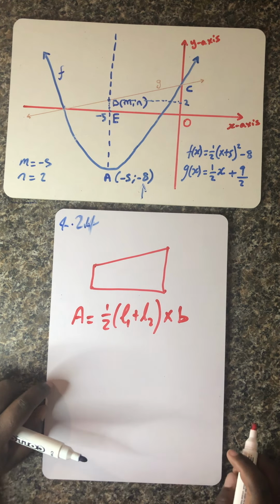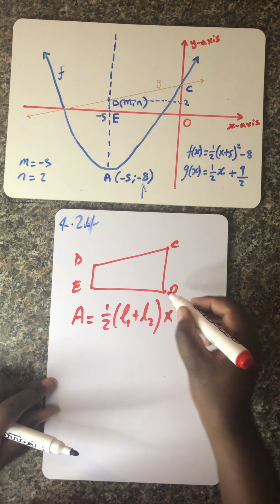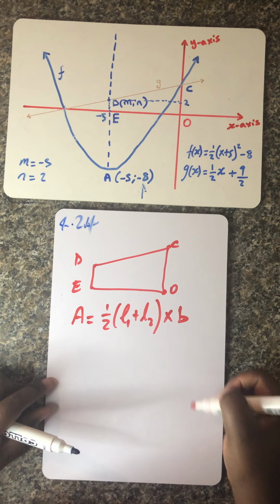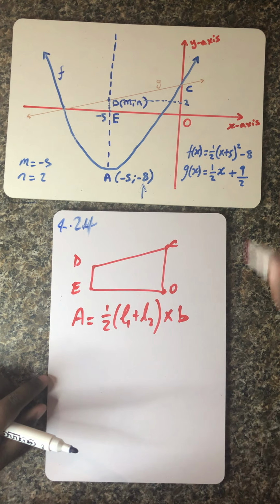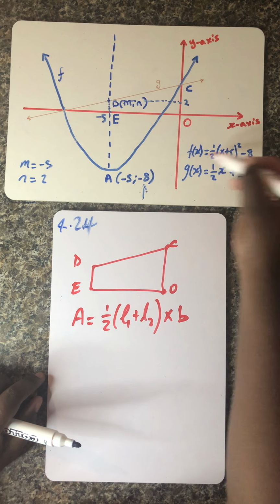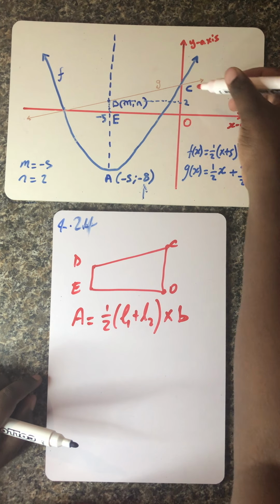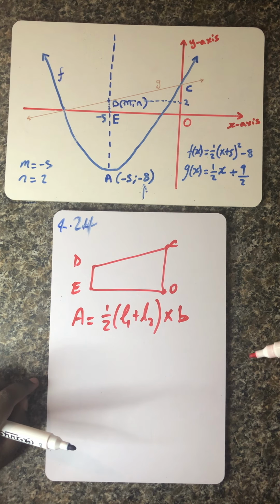In most cases, guys, we use information from the previous questions to assist us to tackle the upcoming questions. So remember, guys, from O up to C, what is the length? That point is the y-intercept of both of these graphs. But this graph is not in the standard form of ax squared plus bx plus c, so we won't be able to use the information on the graph of f to know exactly what the y-intercept is.